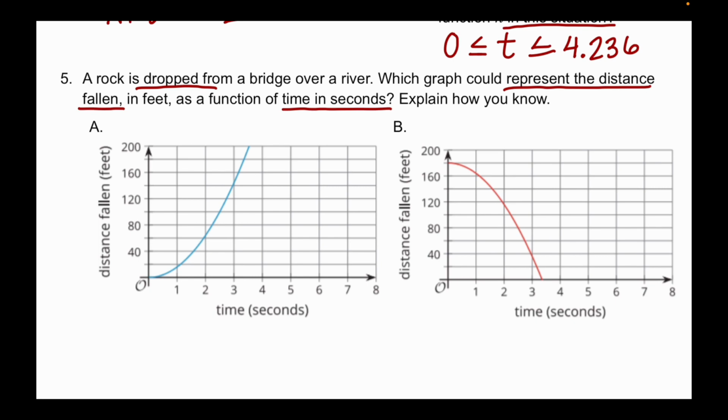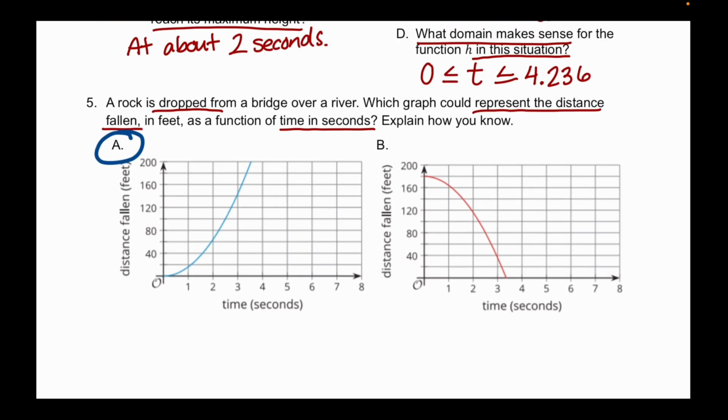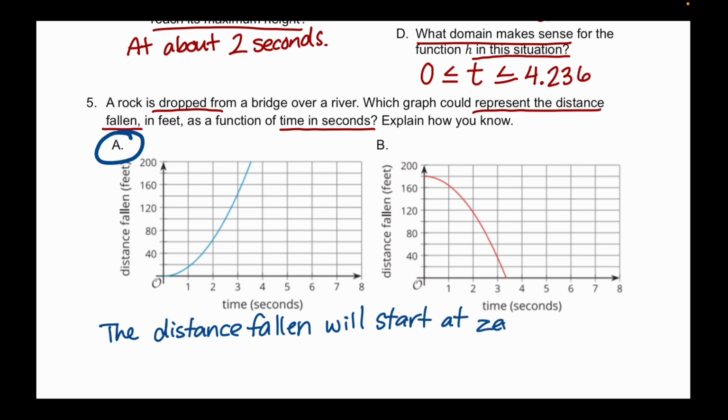So for this question, we will choose A, because the distance fallen will start at 0 and then increase.